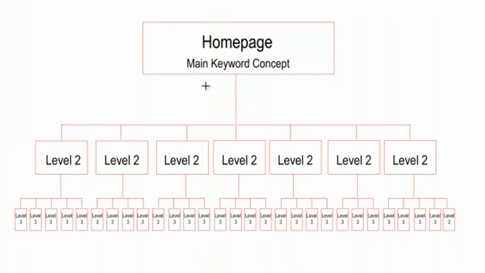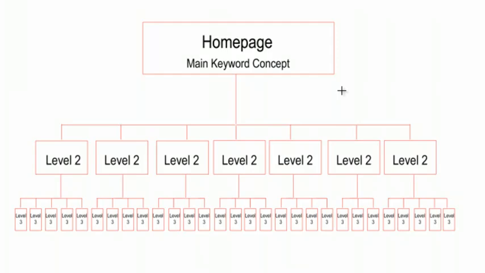I have different levels. The main thing that you have first is your actual homepage. Your homepage is the main concept of your website. It is the place that holds the main keyword for your website, and this is one of the most important pages. I looked at some surveys, and they said that average people spend about 5 to 10 seconds on your website.